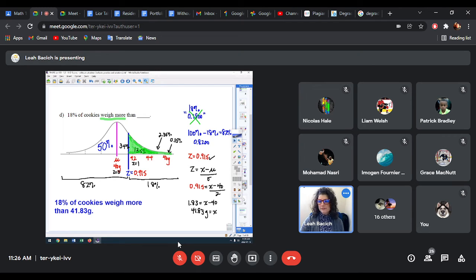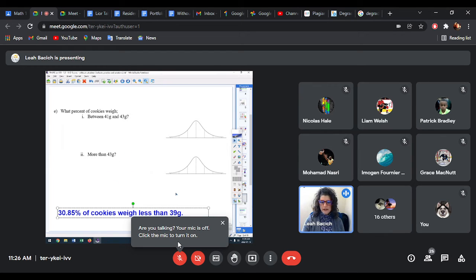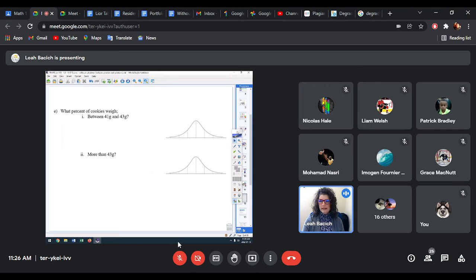Okay, last one here. I'm going to get you to try this one. So I'd like you to try both of these questions. I'll give you some time. I would first draw a little bell curve. It doesn't have to be fancy.